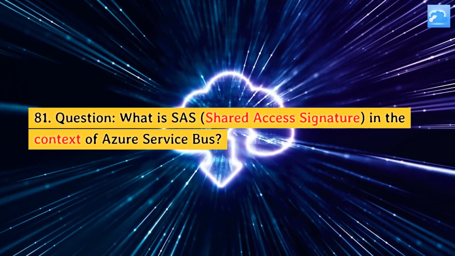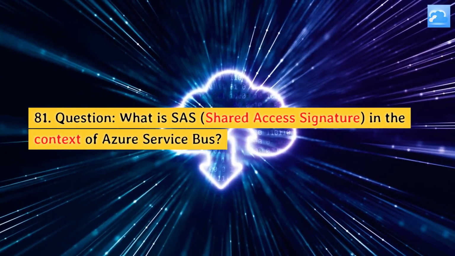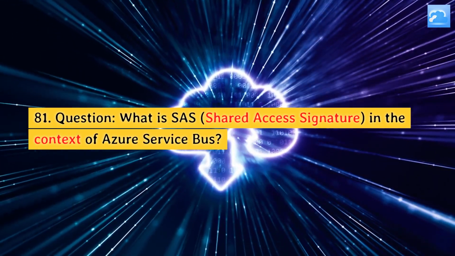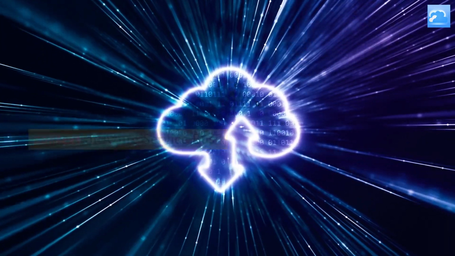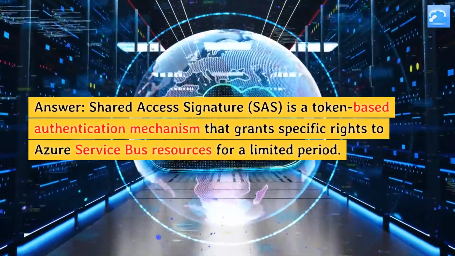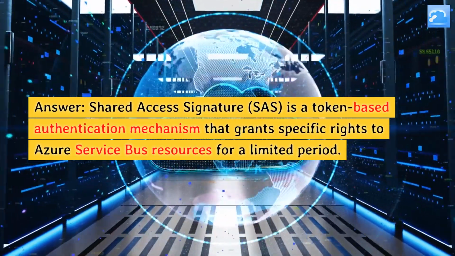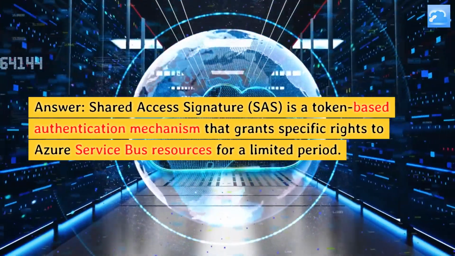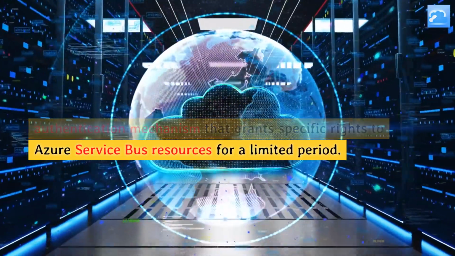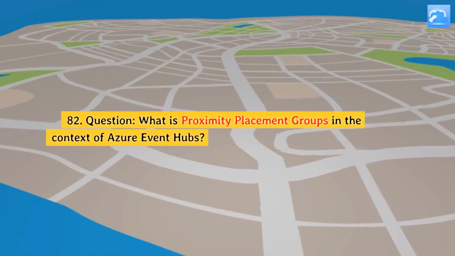81. Question: What is SAS, Shared Access Signature, in the context of Azure Service Bus? Answer: Shared Access Signature, SAS, is a token-based authentication mechanism that grants specific rights to Azure Service Bus resources for a limited period. 82.